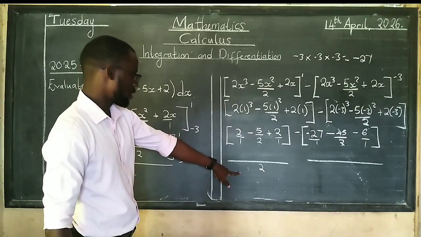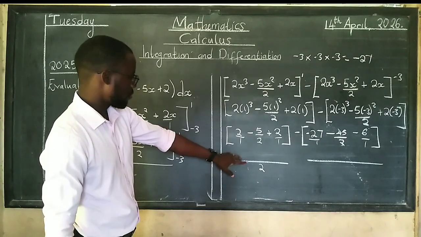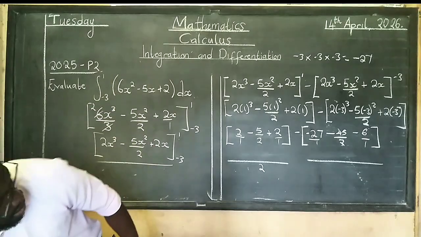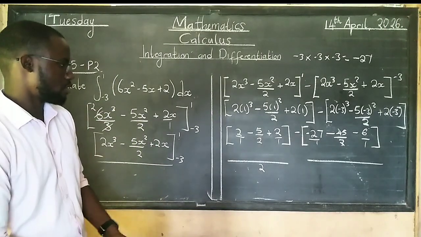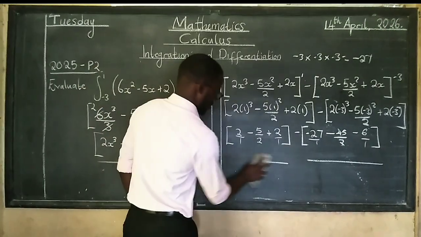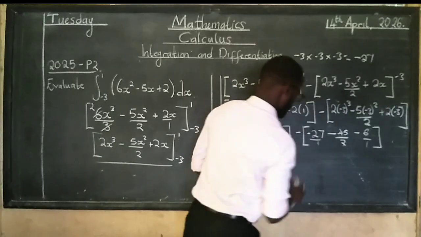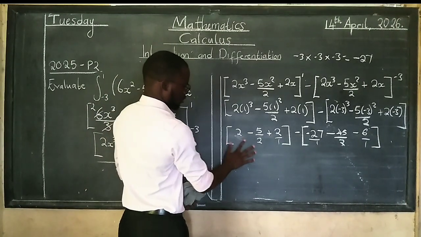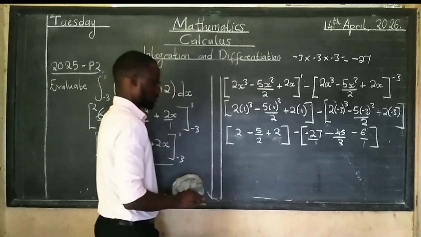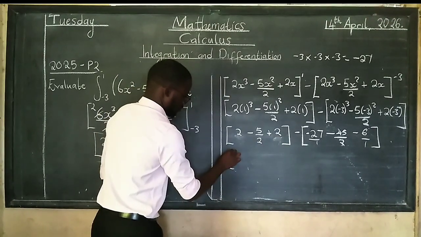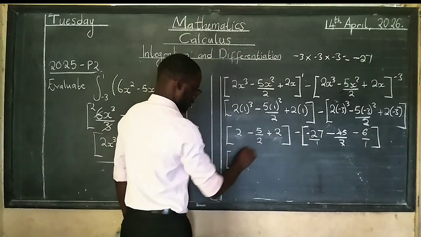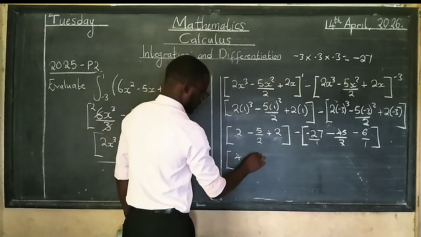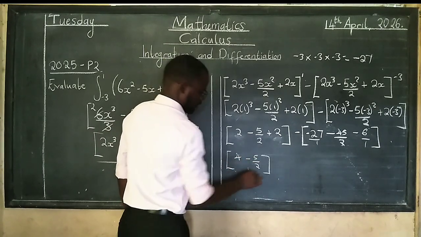So then from here, or maybe to help you see this easily, you can just do this. Take it easy here. So this is just a 2. This is just a 2. 2 plus this 2 will be 4 minus 5 over 2.